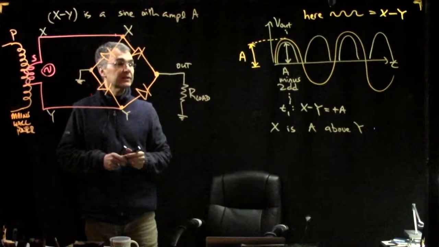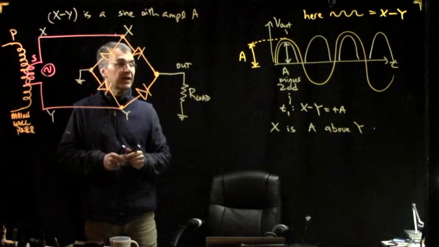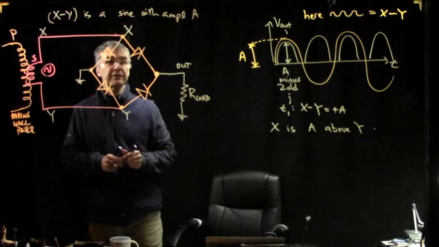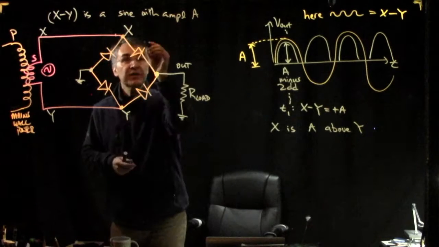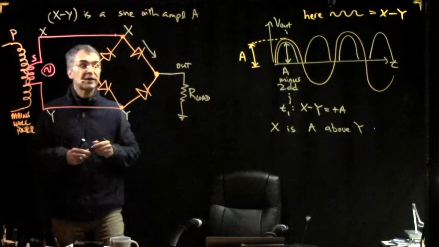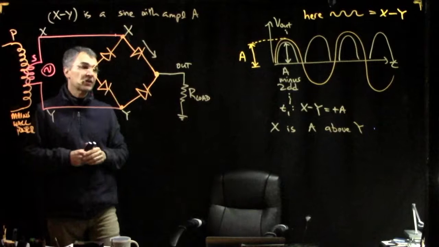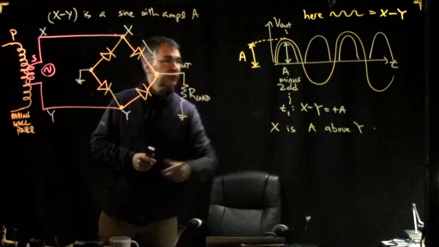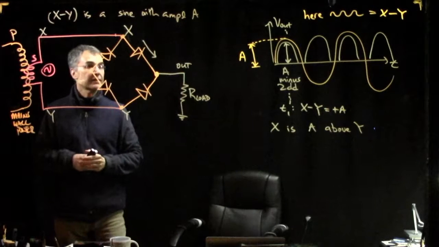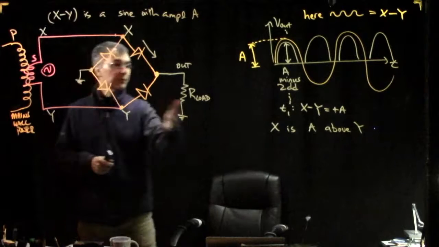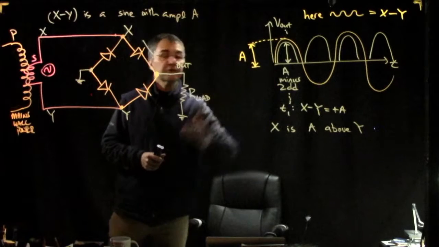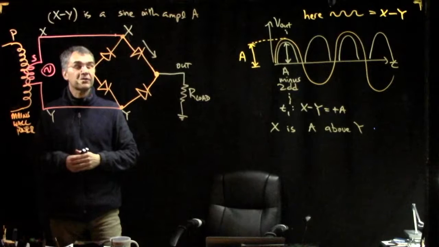X is our highest point right now, so it makes sense that current can flow from X to the output. That's fine as long as the output is lower than the amplitude by at least a diode drop. That seems to make sense.